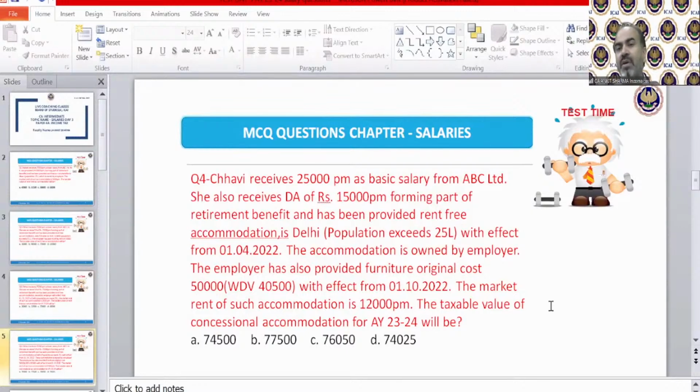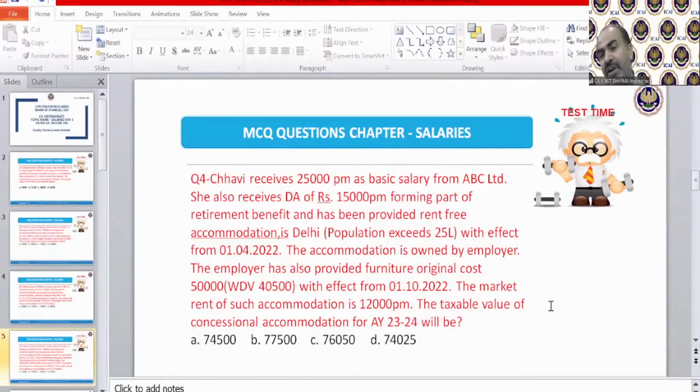Question 4. Chavi received 25,000 per month as basic salary from ABC. She also received DA of 15,000 per month, forming part of retirement benefit, and has been provided a rent-free accommodation in Delhi with effect from 1st April 22. The accommodation is owned by employer. The employer has also provided furniture. Now, this is a case of furnished rent-free house.